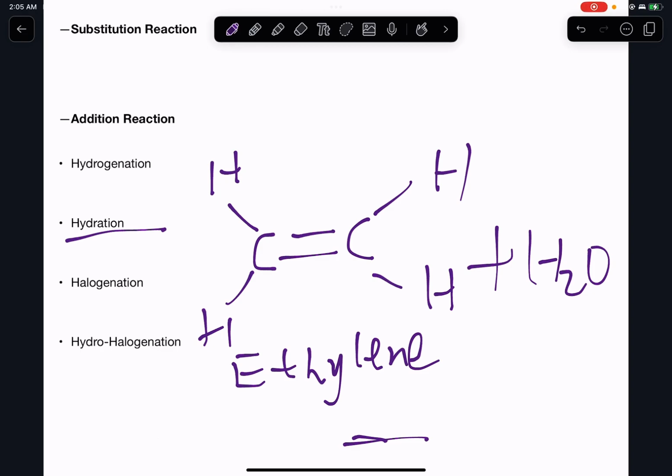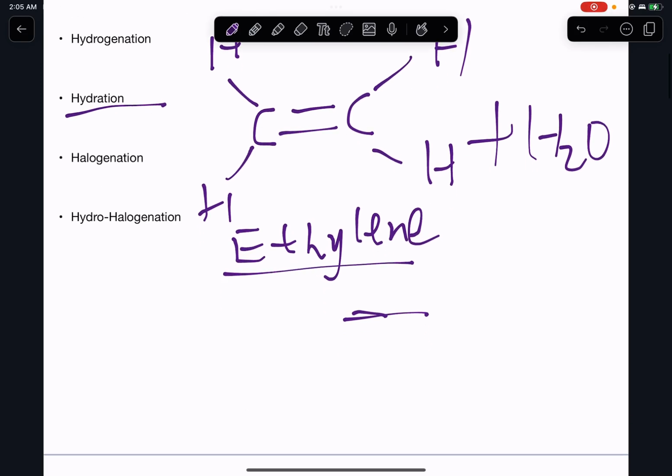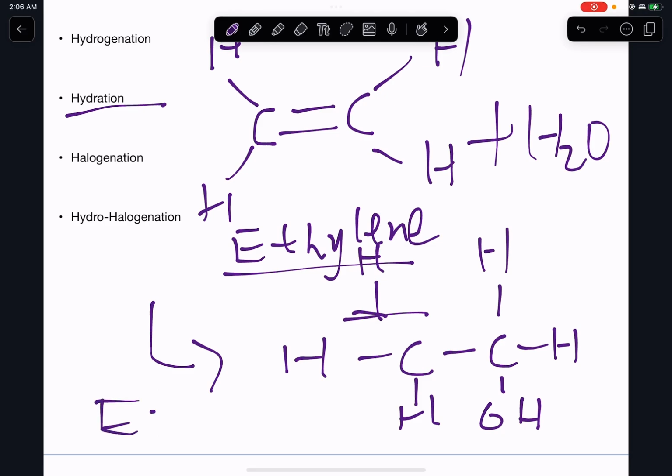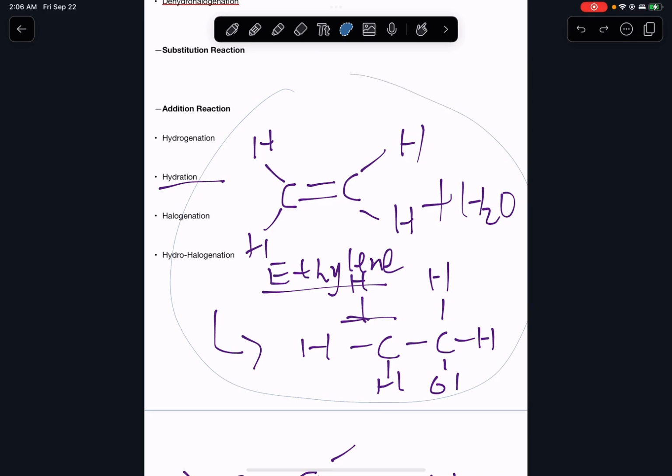For hydration, if ethylene bonds with H2O, it will ultimately get us ethanol. You might have heard of this kind of chemical somewhere else before. It's a very common name, and sometimes you need this in real life as well.